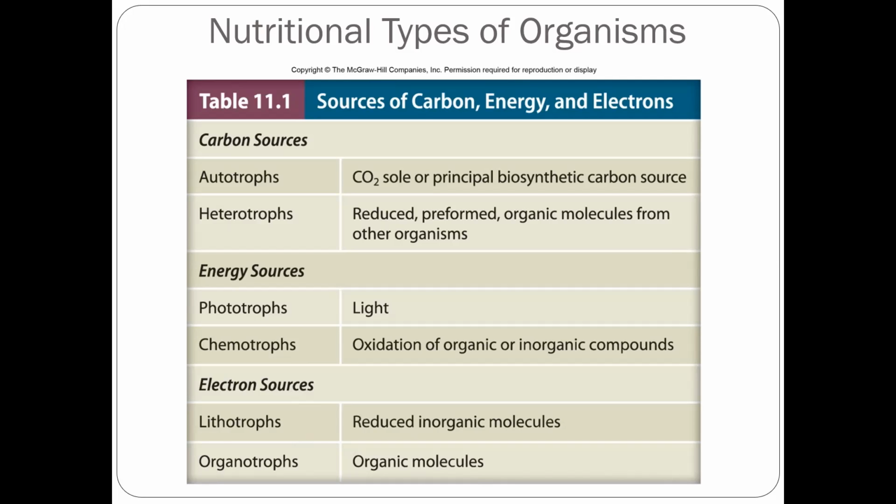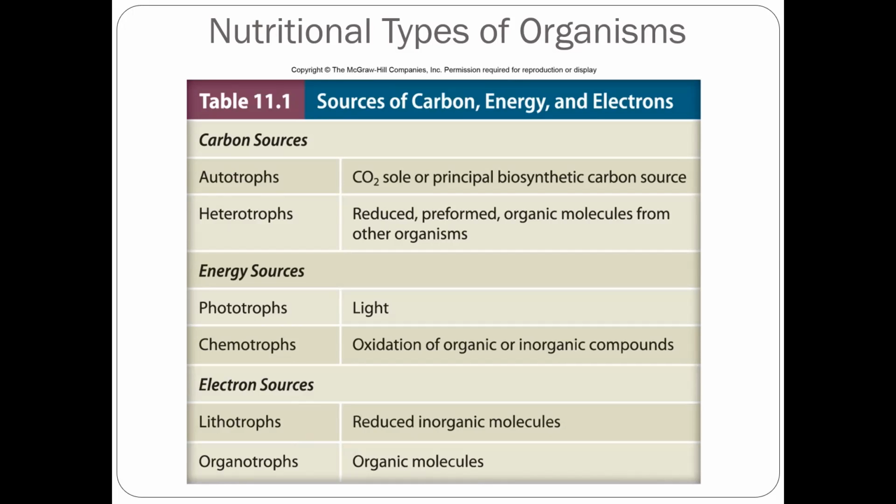Now, based on the energy source, we could categorize bacteria using light as an energy source. We call them phototrophs. And most of the bacteria in our lab use organic or inorganic compounds, so we say they're chemotrophs.